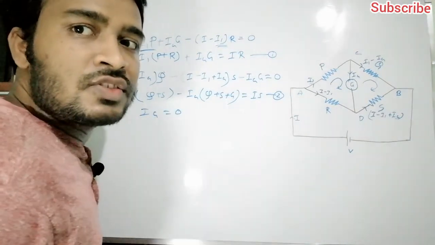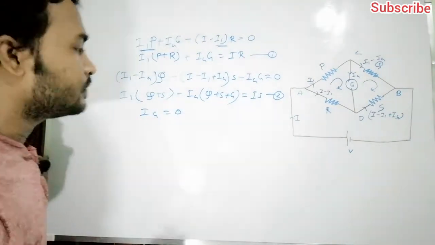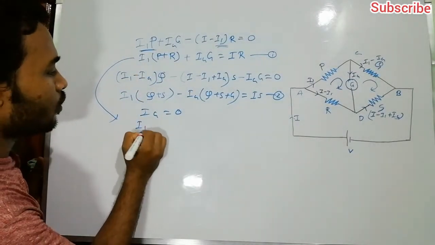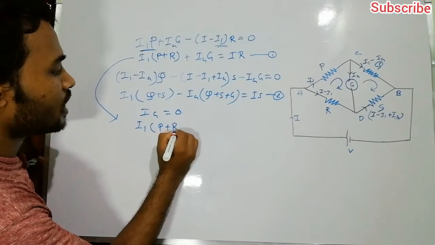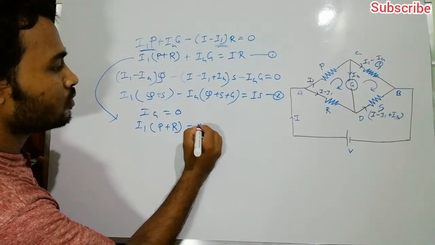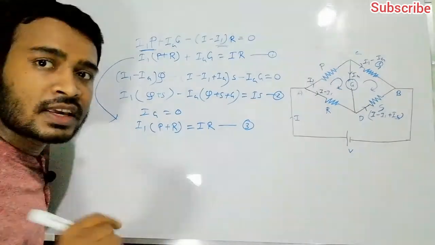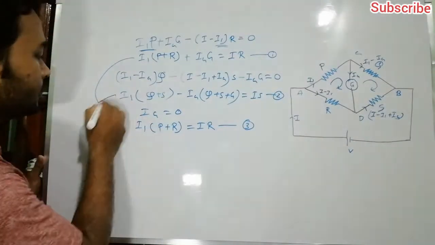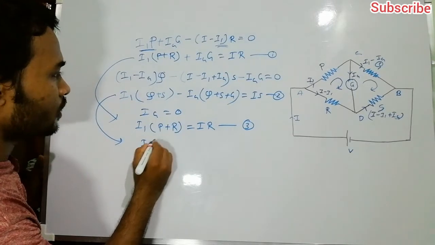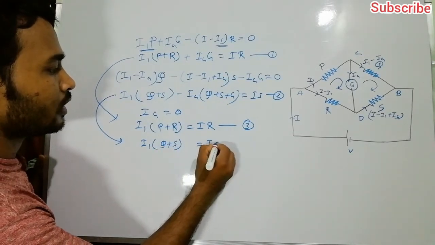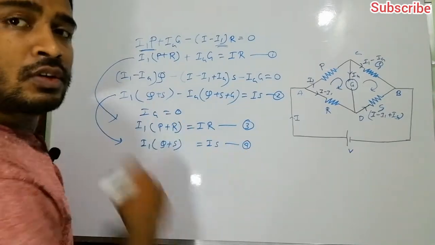From the first equation we can write I1 into (P plus R) is equal to I into R. That is equation 3. And from the second equation we can write I1 into (Q plus S) is equal to I into S. This is our equation 4.